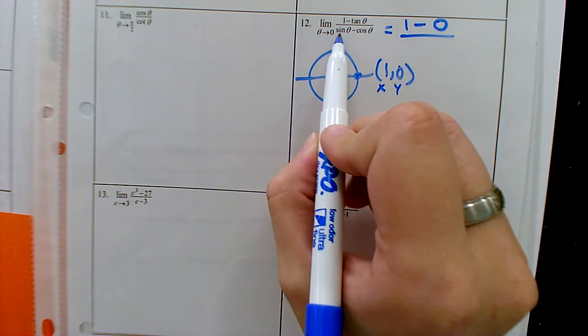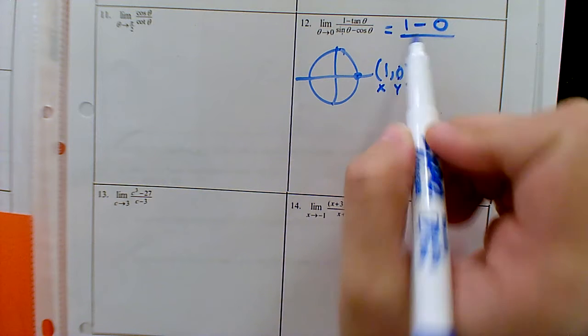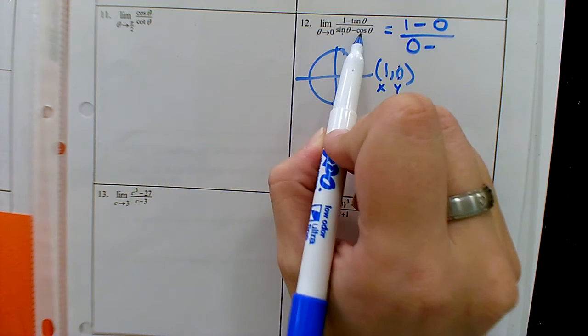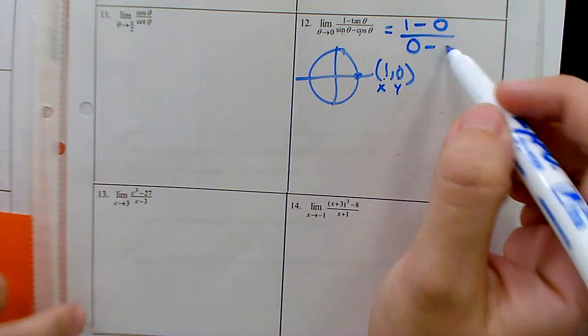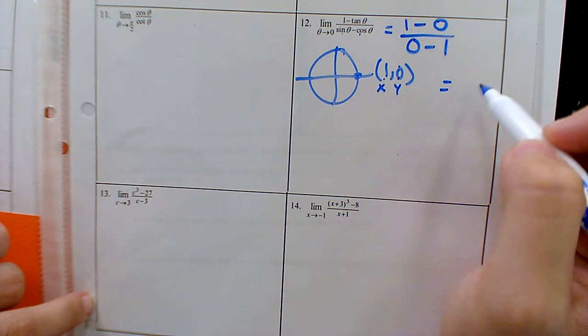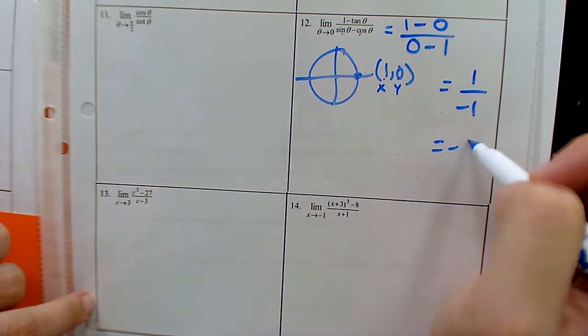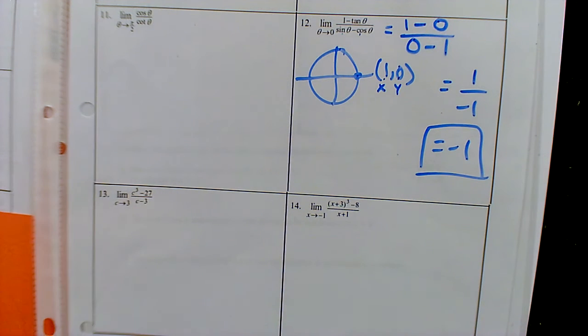And then down below, the sine value of 0 is 0, and the cosine value at 0 is 1. So 1 over -1. Oh, wow. Direct substitution worked. So you didn't have to use any fancy trig limits or factoring or anything else. That's why you always try it first. Plug it in.